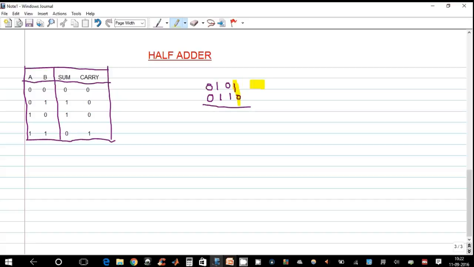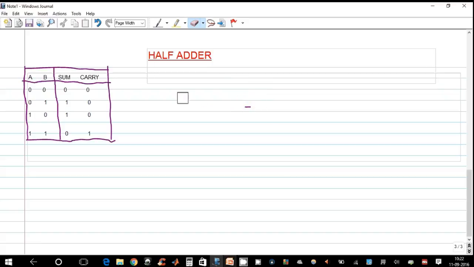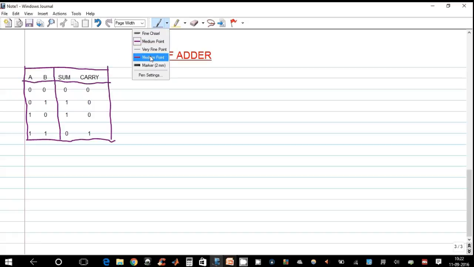Let this input be referred to as A, and let this input be referred to as B. As given in the table, A and B are our inputs, and sum and carry are our outputs.